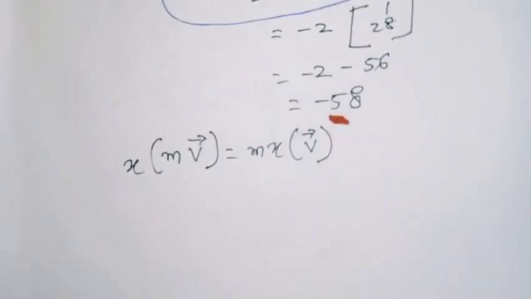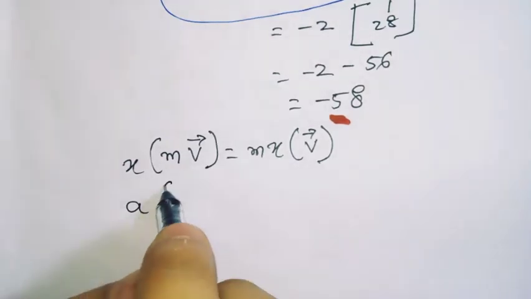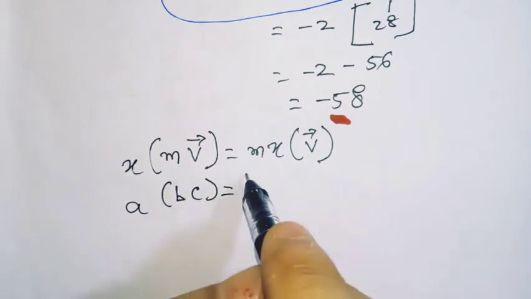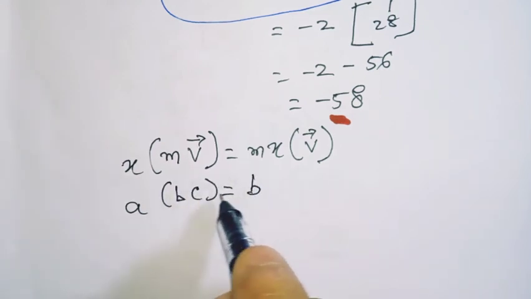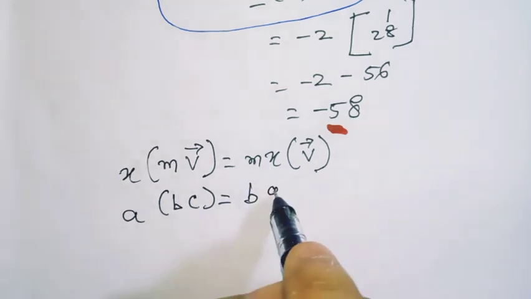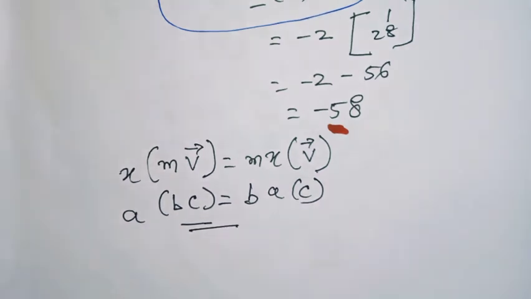This can also be written in ordinary variables. If I take a, b, c, say for example, m is b and x is a, so it again follows what is called the associative property.